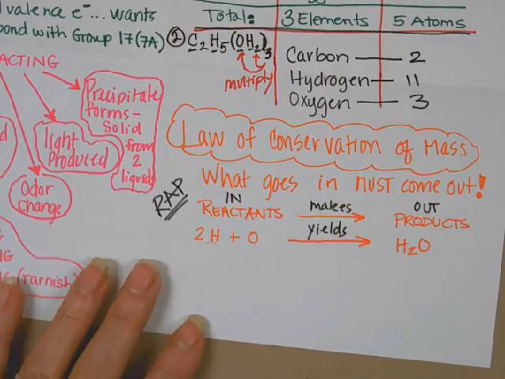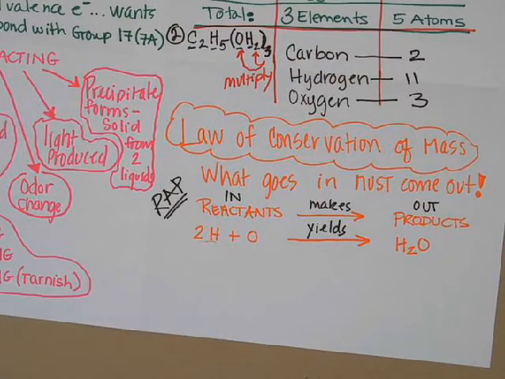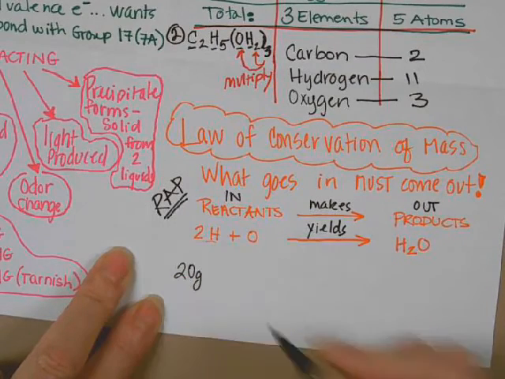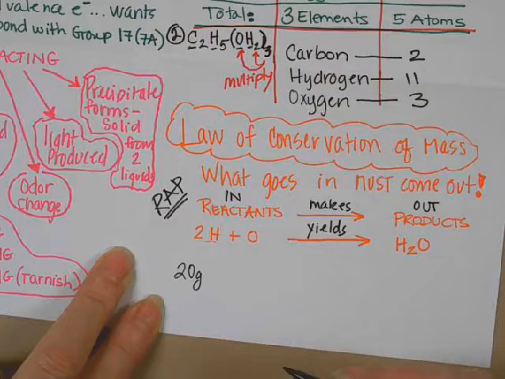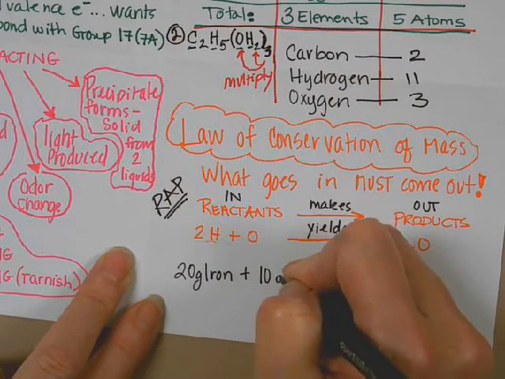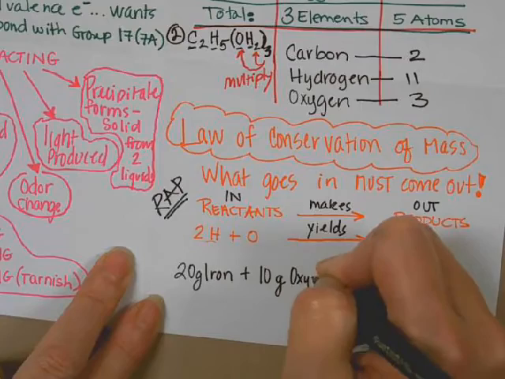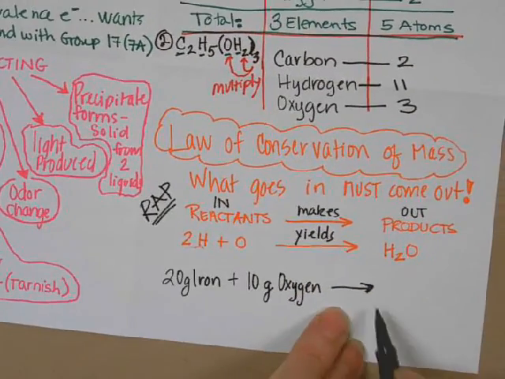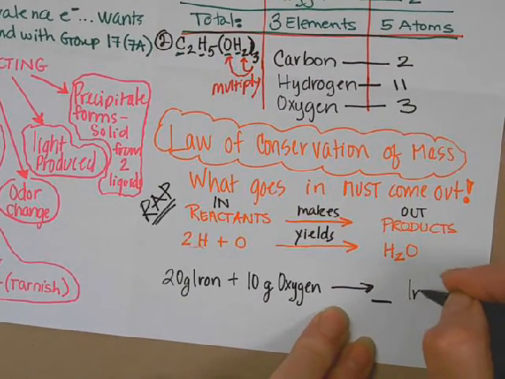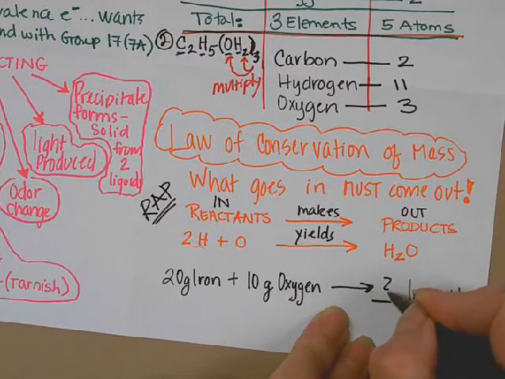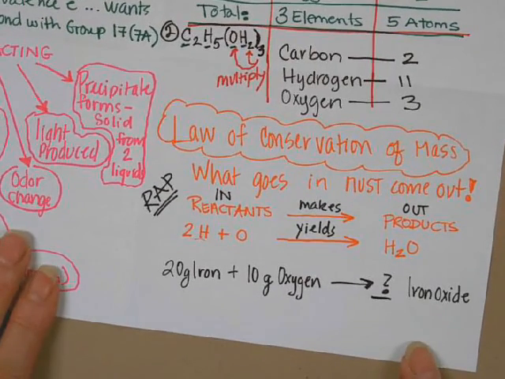Okay? So another way to look at this is, let's say I have 20 grams of iron and 10 grams of oxygen. And I want to know how much iron oxide should come out. So my question mark is right here. How much iron oxide am I going to get?